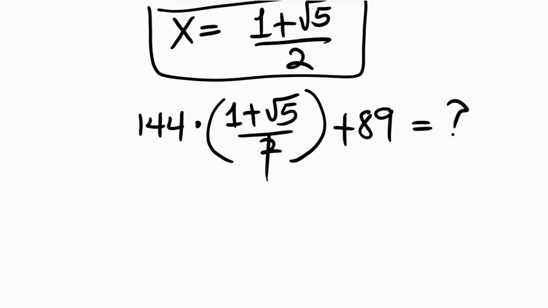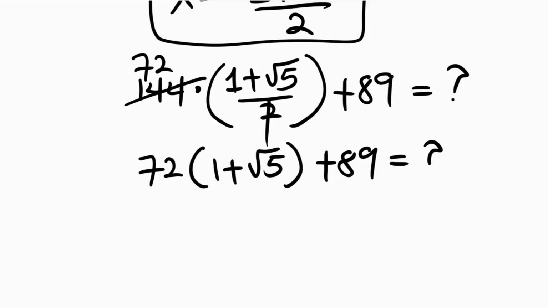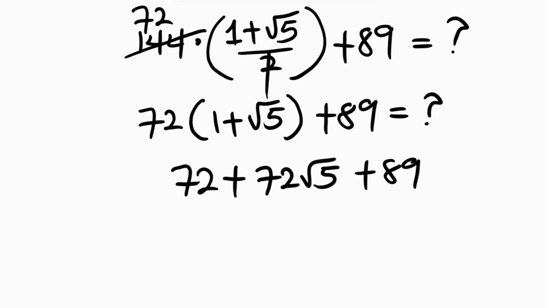Okay, 2 here is 1, 2 here will give us 72. So we have 72 times (1 plus root 5) plus 89. So 72 times 1, that's 72, plus 72 root 5, plus 89.